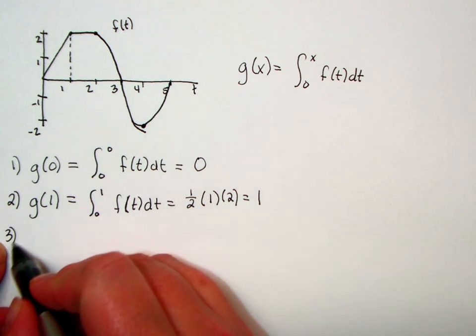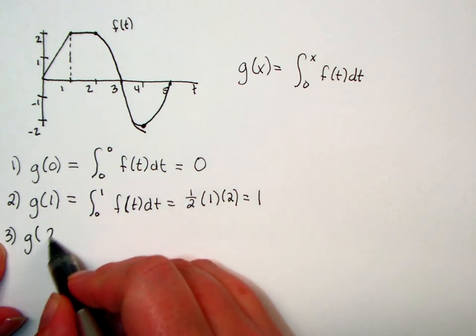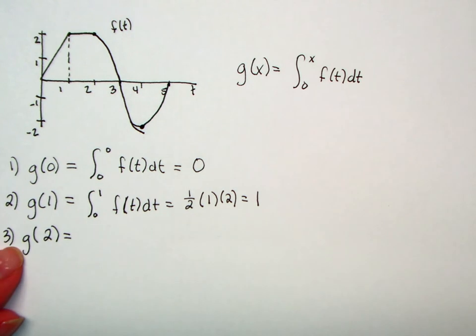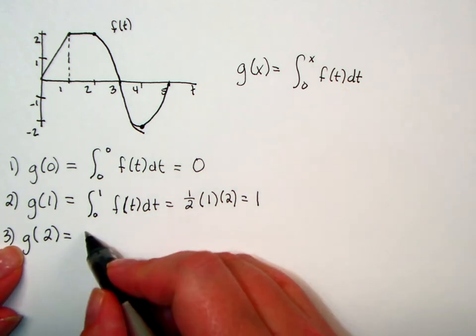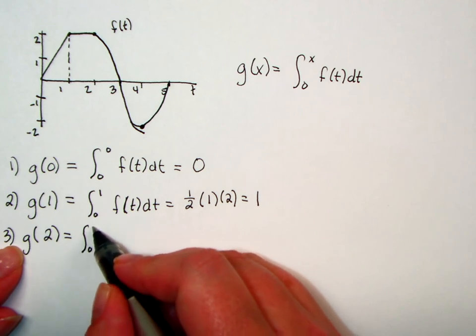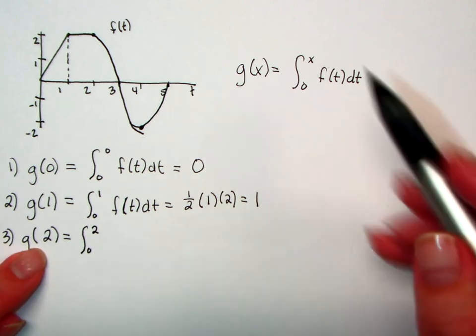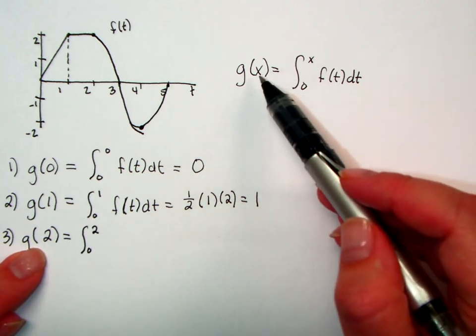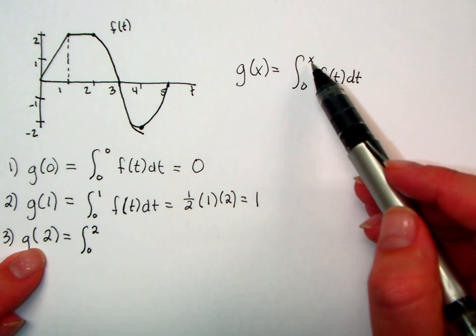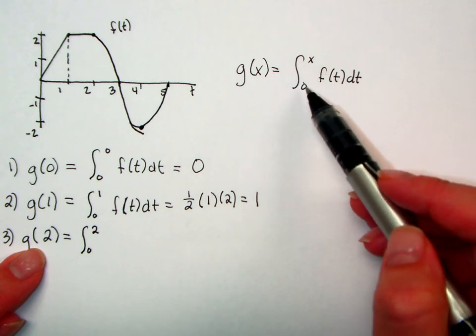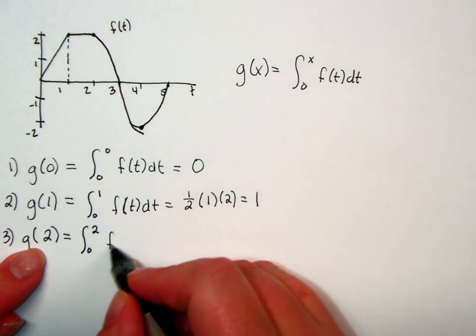What's g of 2? Now we're moving the x value a little bit farther away, and we're going to look at the integral from 0 to 2. Again, if I ask for g of 2, we're replacing this x with 2, and now we want the area from 0 to 2 of our curve.